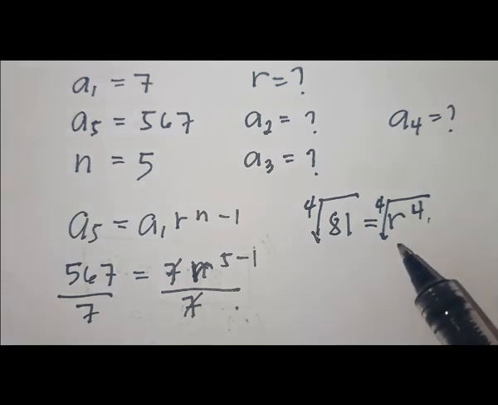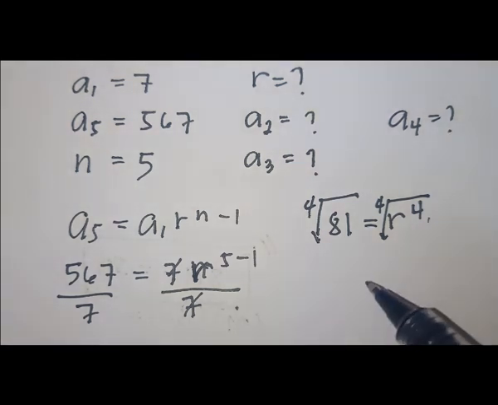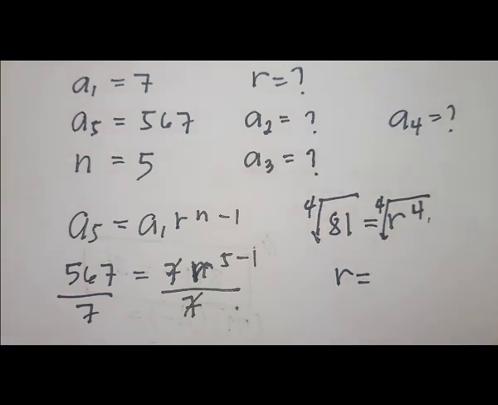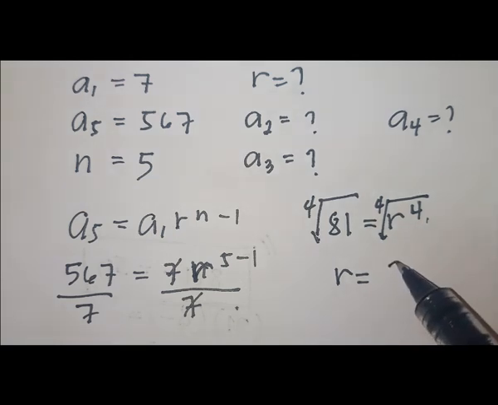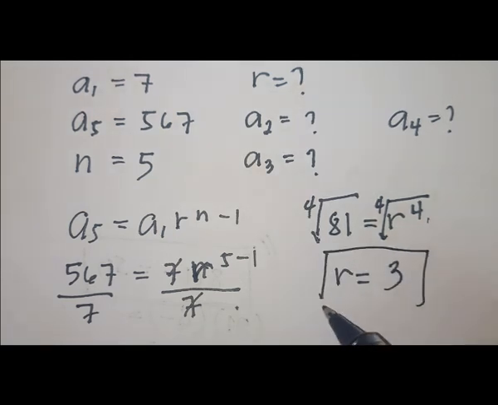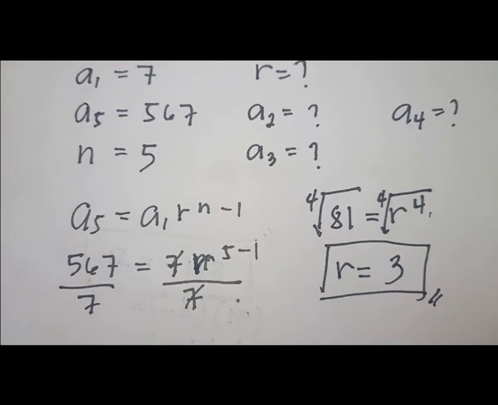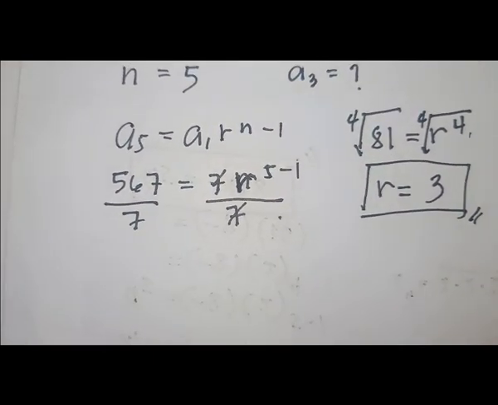Okay, so 4th root ng r raised to 4 is r. Then 4th root ng 81 is equal to 3. So ngayon, meron tayong common ratio. Kunin na natin ngayon si a sub 2.